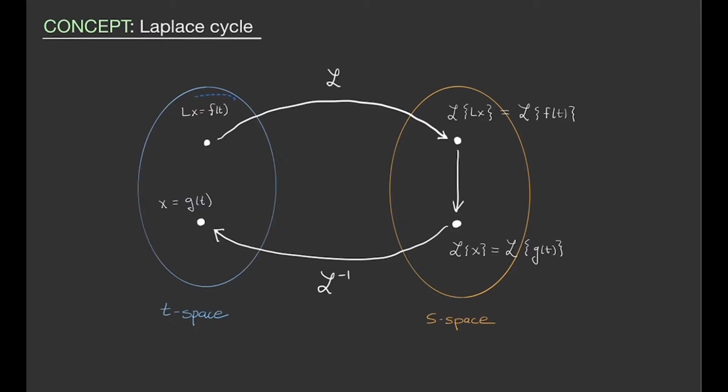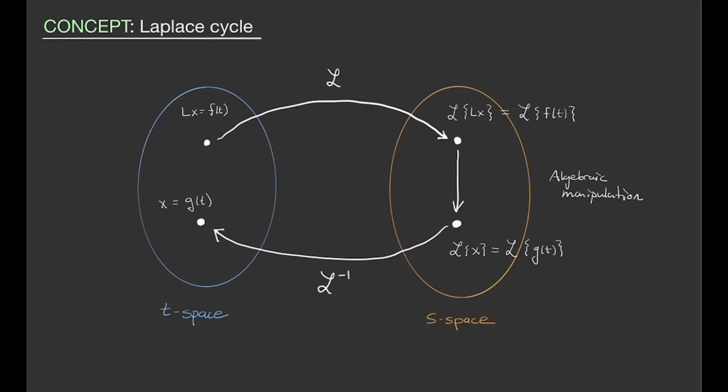So in order to solve this differential equation, whose solution would be this, we pass from the t space represented in blue here over to the s space represented in orange. We do some algebra in orange and then apply the inverse Laplace transform to move back into the t space.